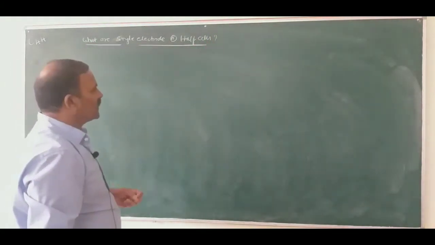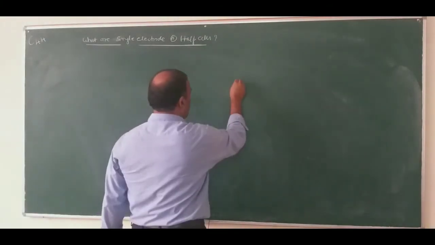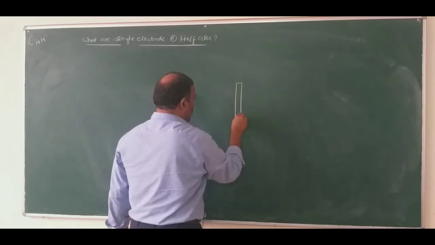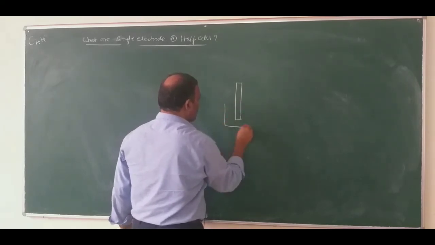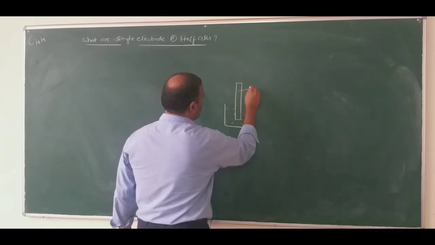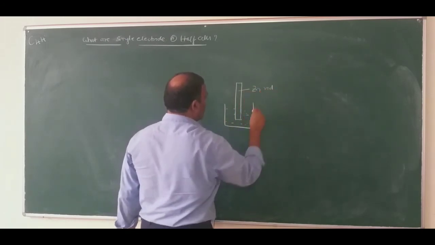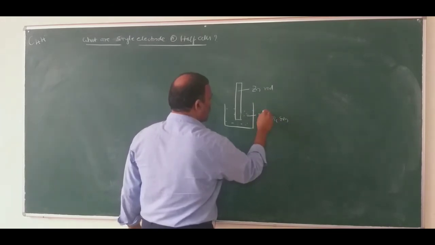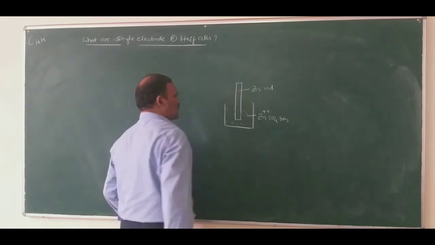Say, for example, this is a zinc rod dipped in zinc sulfate solution, which contains zinc ions.